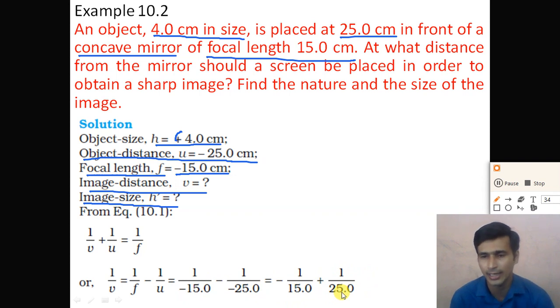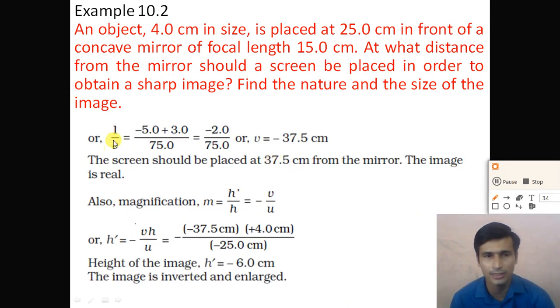So taking the LCM, what is the LCM of 15 and 25? The LCM of 15 and 25 is 75. If we multiply 15 by 5, we get 75, and 25 by 3, we get 75. So we calculate the image distance v from this value.